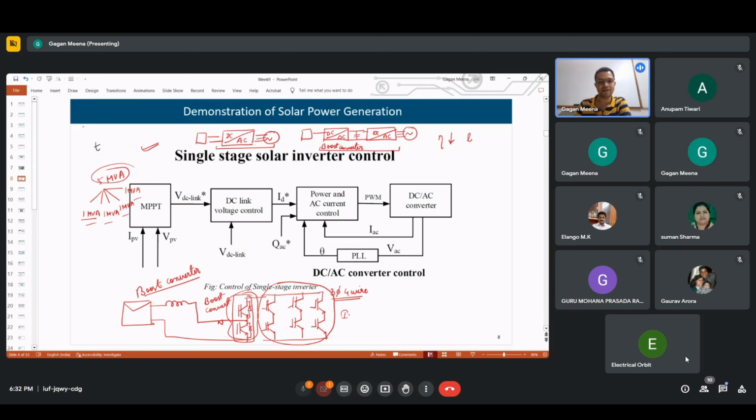The current reference, reference speed, reference frequency, reactive current reference, and DC link voltage should all be at their reference values. So is this clear?